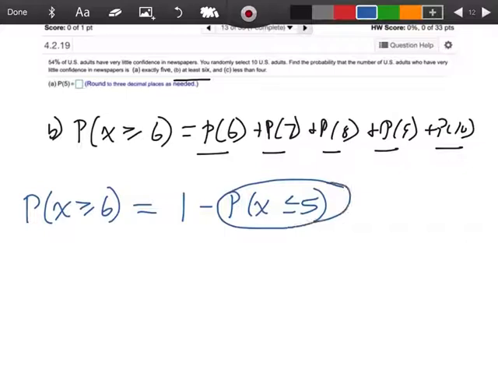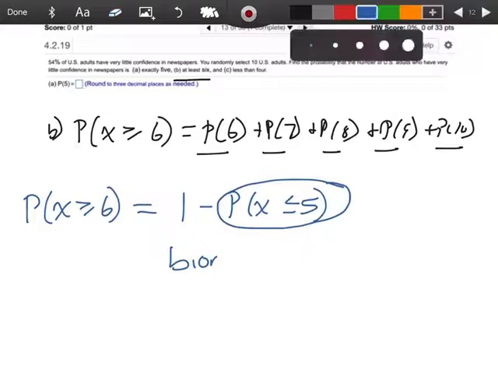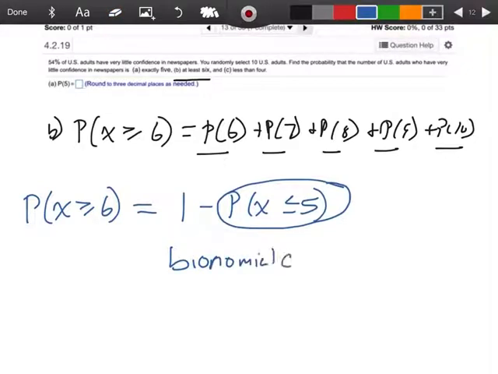I can do this part on my calculator using the binomial CDF. Remember what C stands for. C stands for cumulative, which means to add them all up.